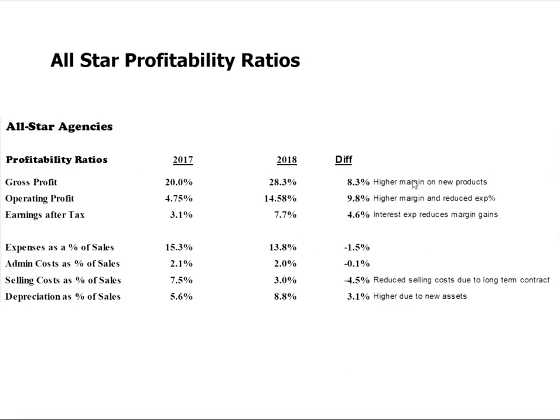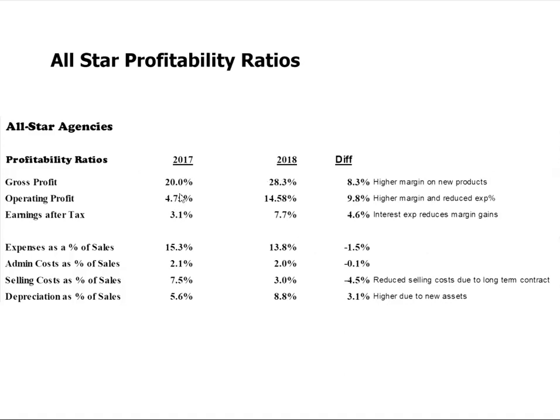The reason for this is we have introduced new products into the business, specifically the mattresses that are being produced by the new manufacturing plant. And because of the introduction of these new products at a higher profit margin, the overall profitability of the business has increased from 20 to 28.3%.